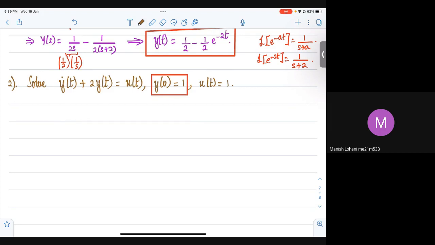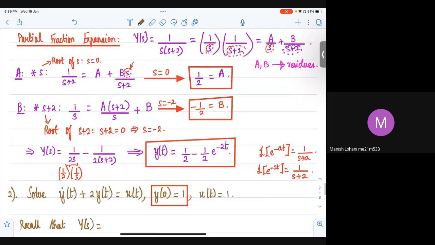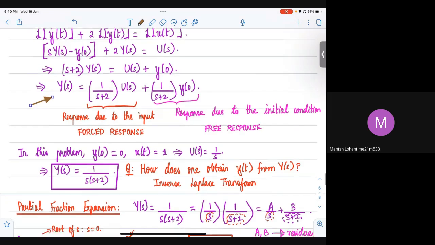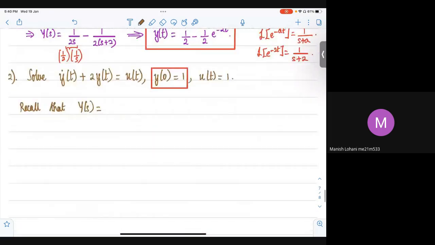So now let us solve this equation. I will start from the place where we calculated Y(s). If you go back a few steps, we already derived Y(s), so I'm just going to rewrite that.